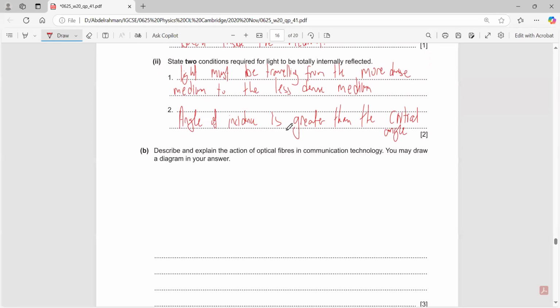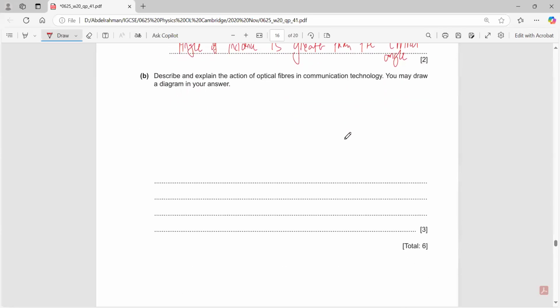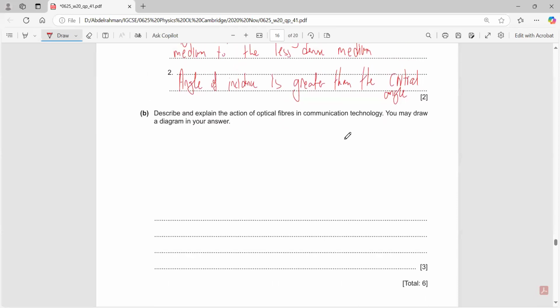Describe and explain the action of optical fibers in communication technology. You may draw a diagram in your answer. Communication technology, our everyday use. We use the internet. Actually, our internet is provided using optical fibers.